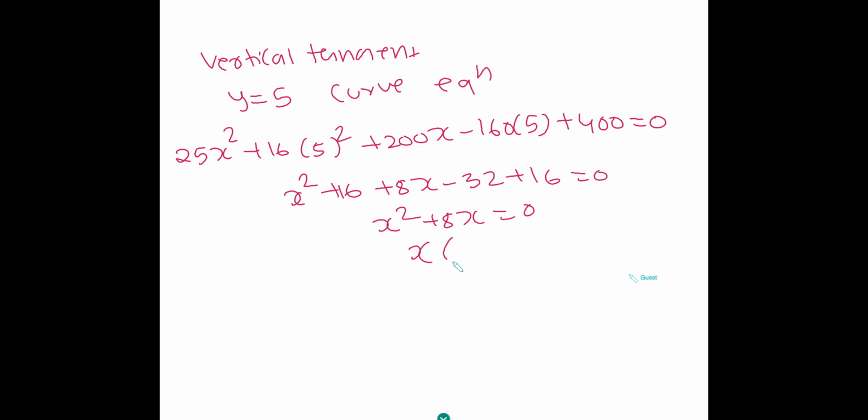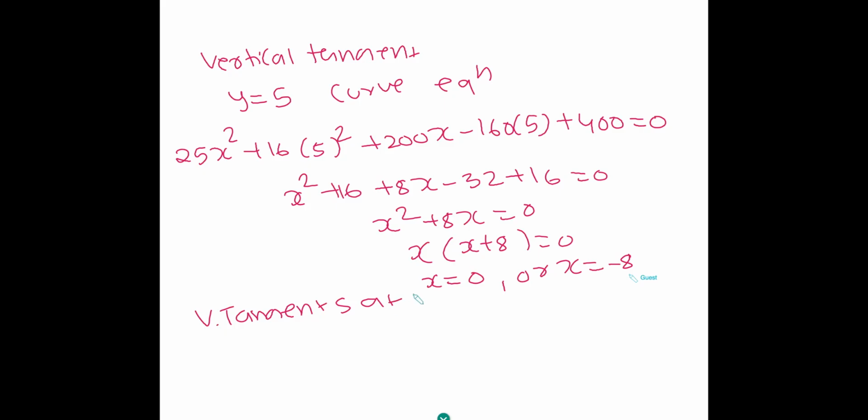Factor out x: x times (x plus 8) equals 0, and from that we get x equals 0 or x equals negative 8. Hence the vertical tangents are at negative 8 comma 5 and 0 comma 5.